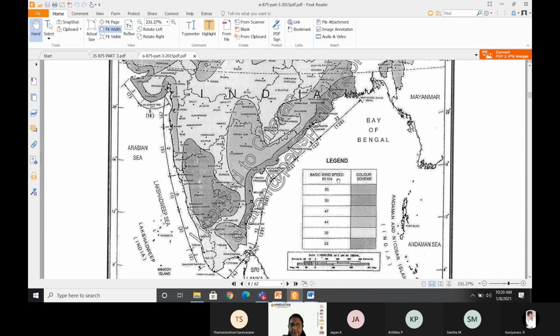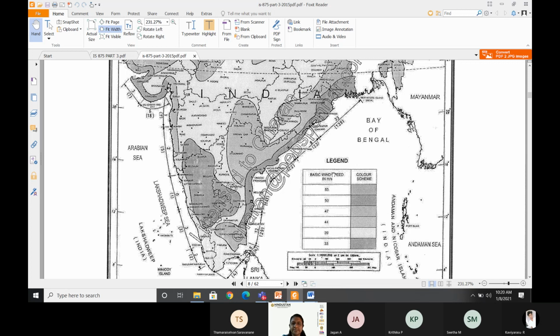For example, in Chennai it is 50 meters per second. If the wind speed is continuously very high, more than 50, over a number of years, then the value for Chennai may also change accordingly.